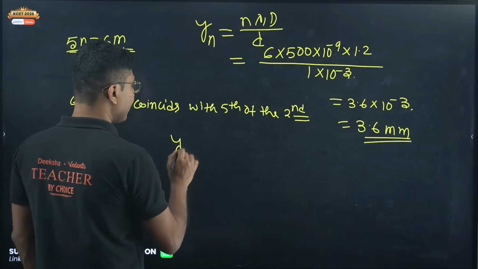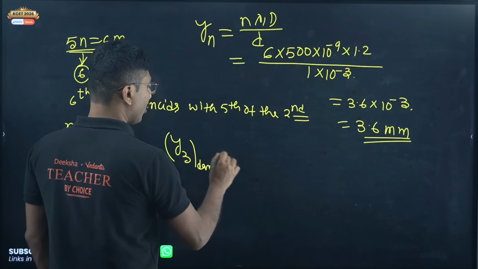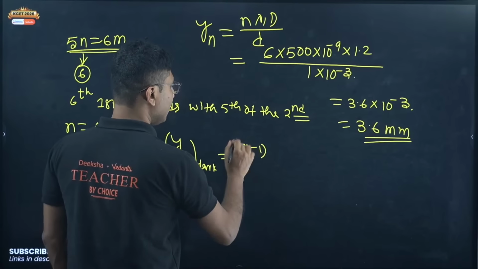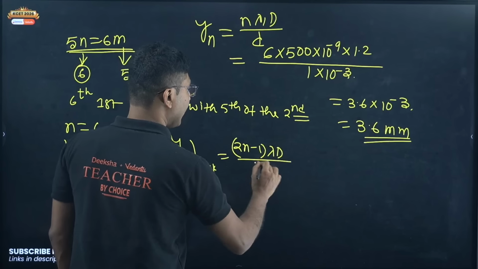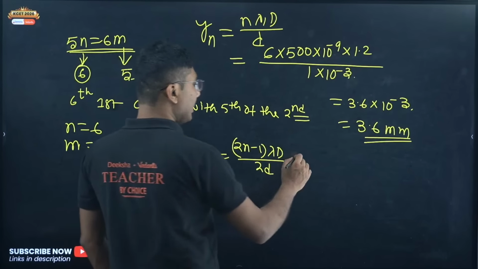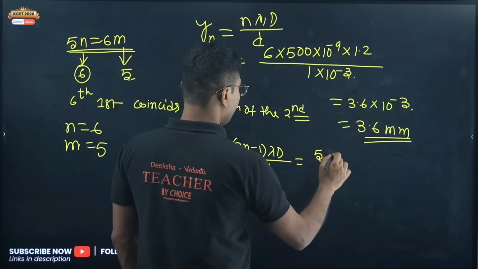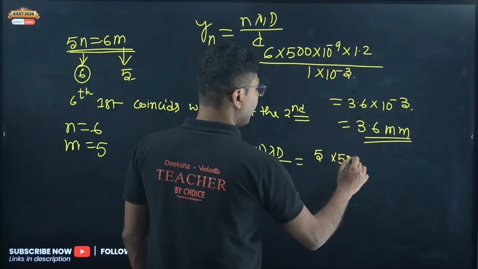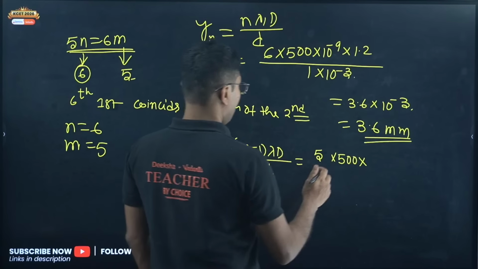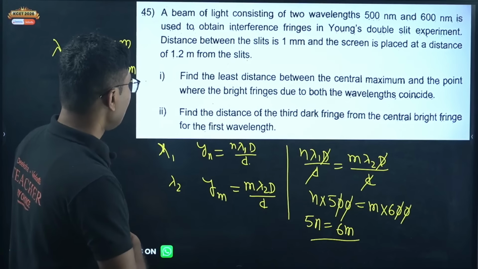So for the third dark fringe, the formula is (2n minus 1) lambda D by 2d. So third dark fringe means it will be 5 into 500 into... for which wave have they asked?